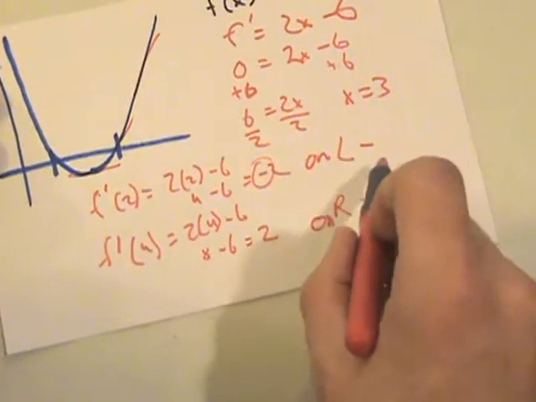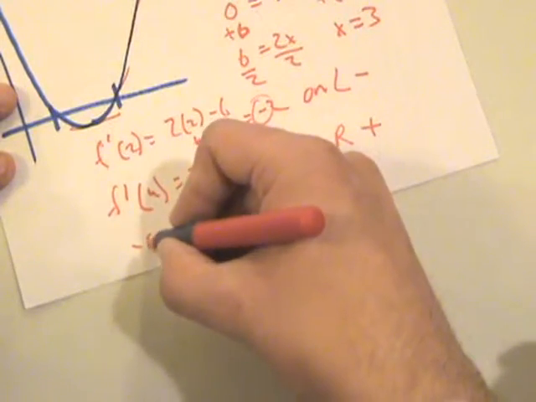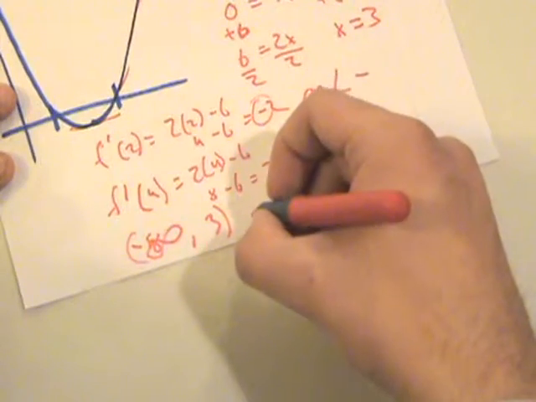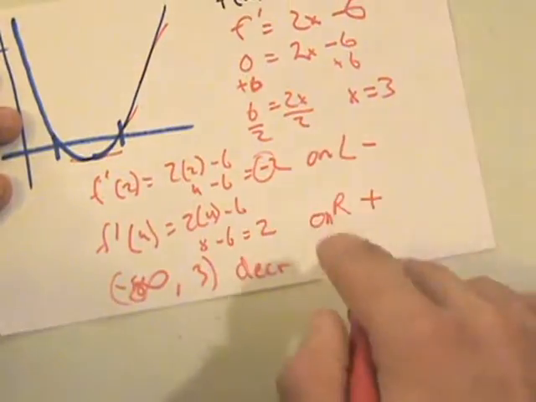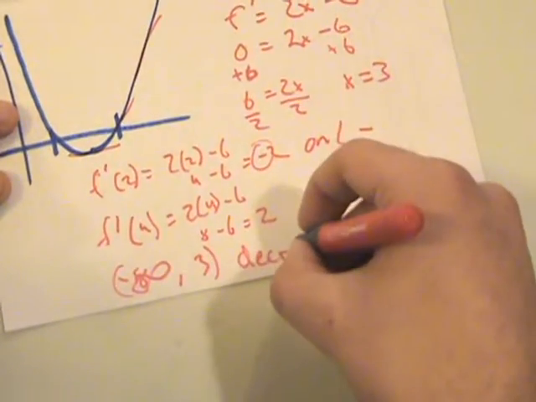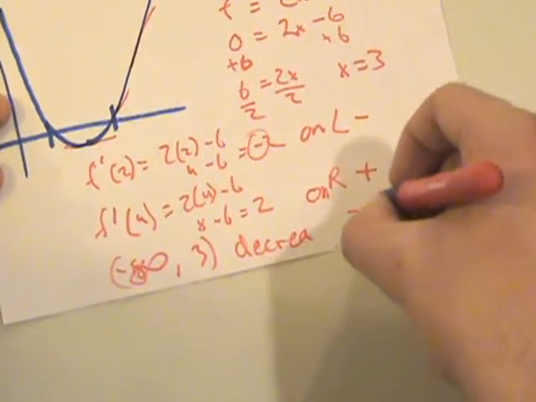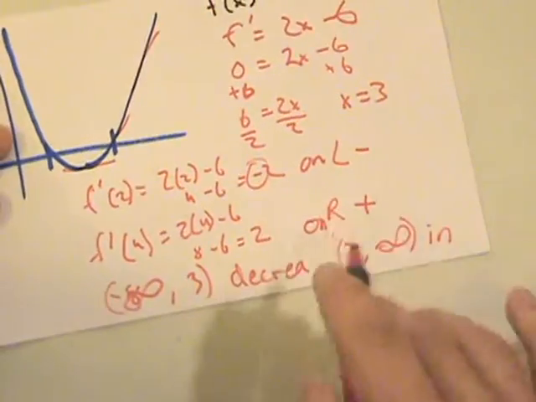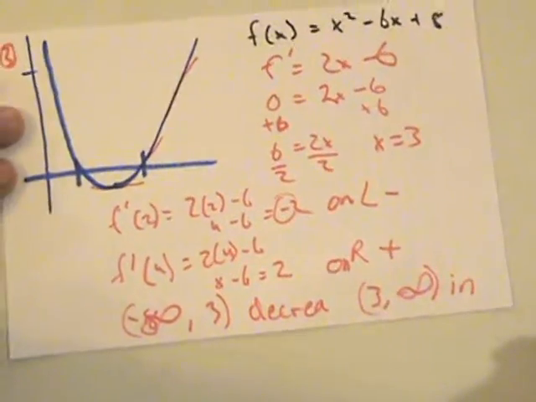Coming from negative infinity to 3, the function is decreasing because the first derivative was negative, or less than 0. And then going from 3 to infinity, it is increasing because the first derivative was positive on the right. So that is number 3.